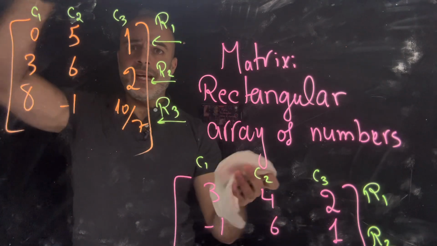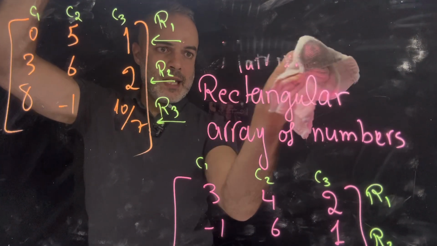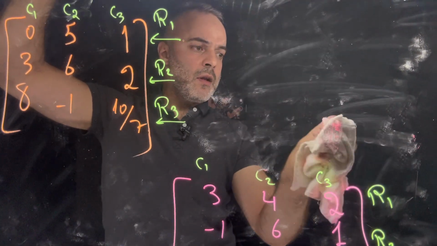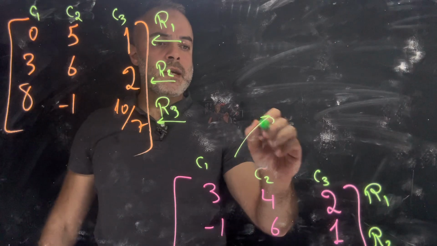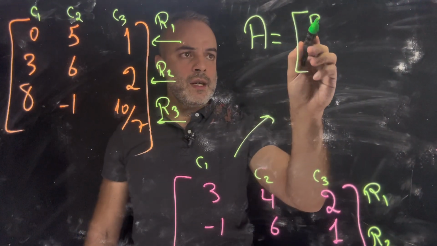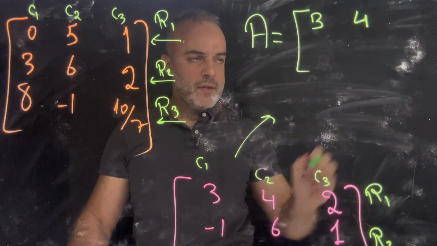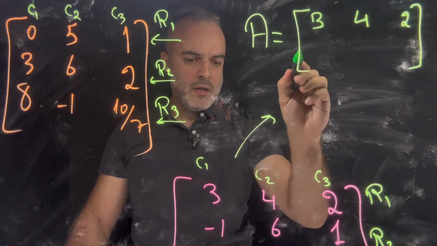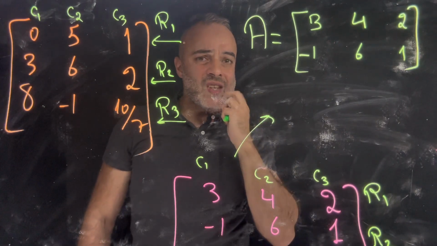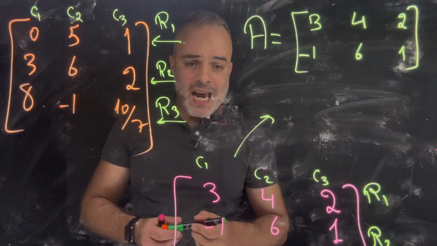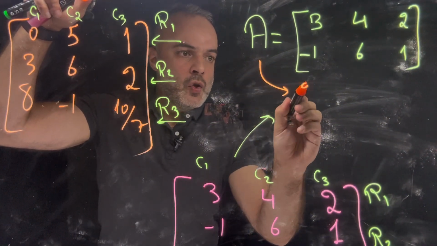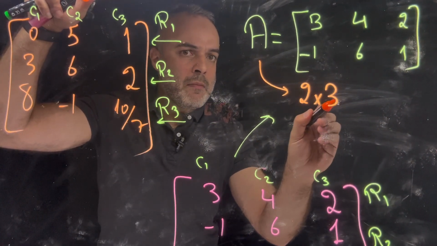Before that, let me say one more thing about the rows and the columns. Let's say this matrix here, let me call it A, which is 3, 4, 2, -1, 6, and 1. As I said, we have 2 rows and 3 columns. So we say that this is a 2 by 3 matrix.